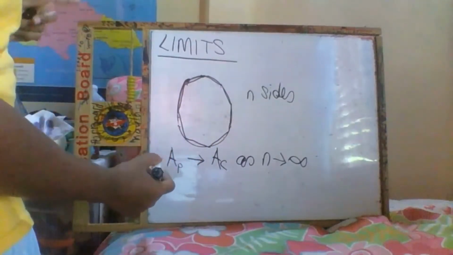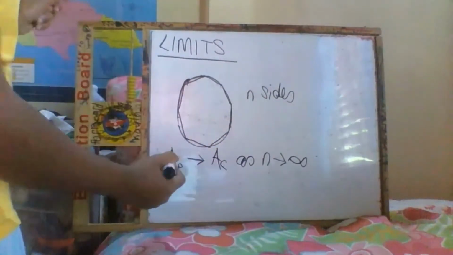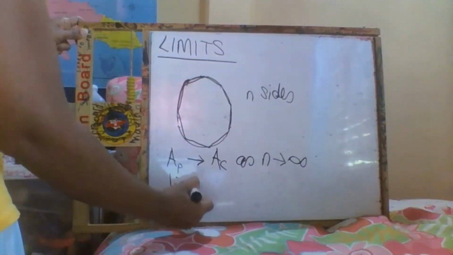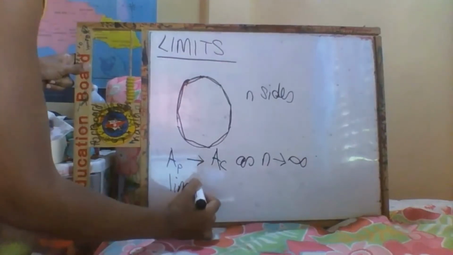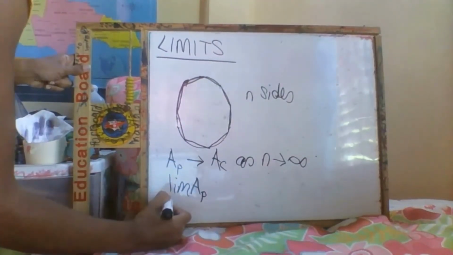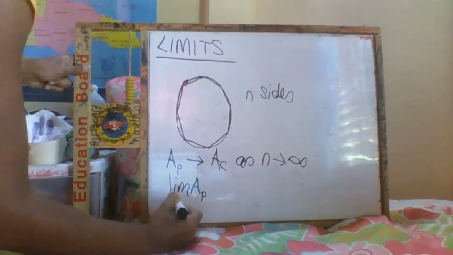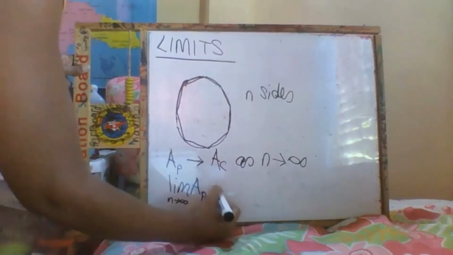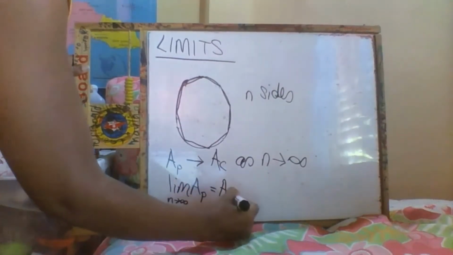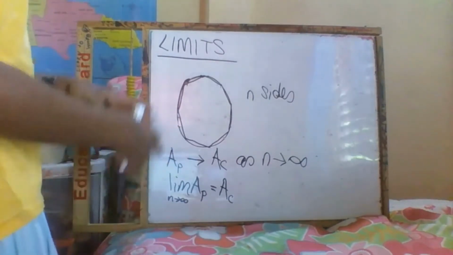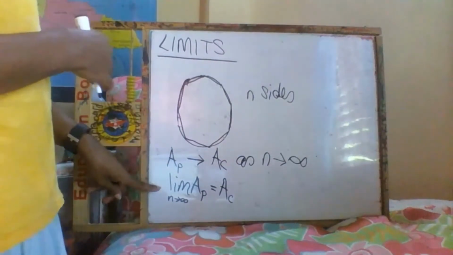The actual way that we'd write it using our limits notation is lim, right, area of the polygon, and then below the lim, n goes towards infinity, is equal to the area of the circle. And these are saying the same thing, but this is the notation that I will use most of the time.